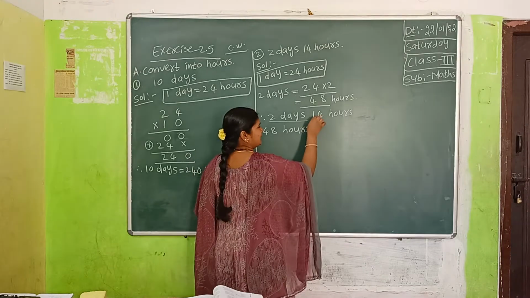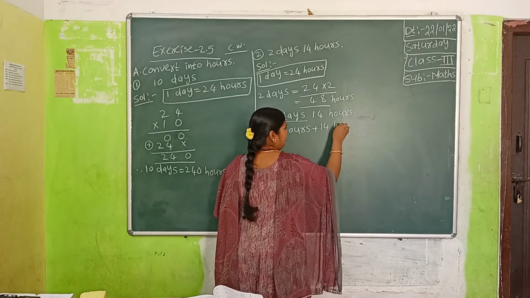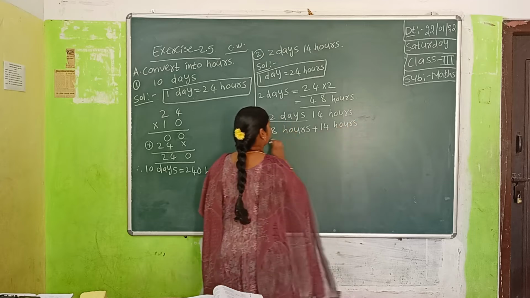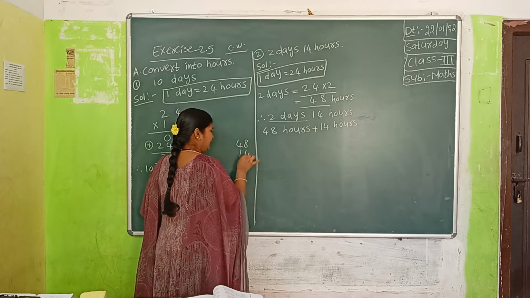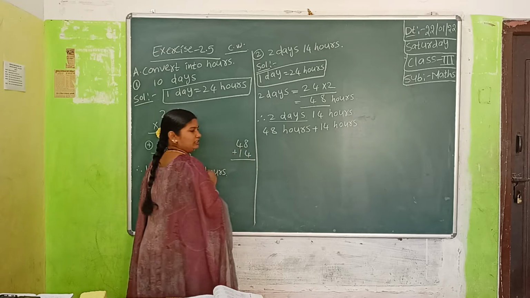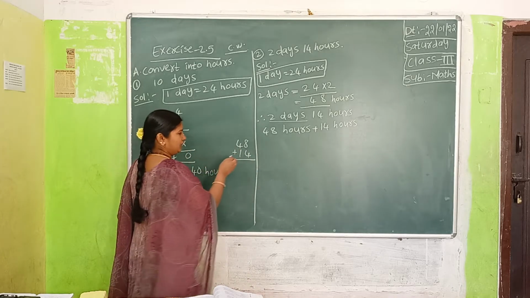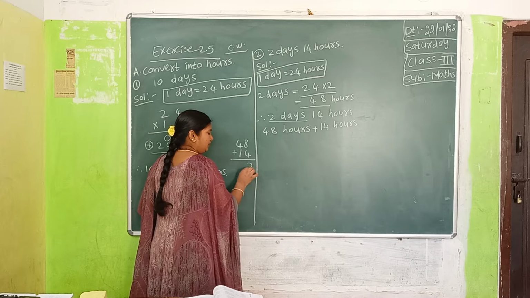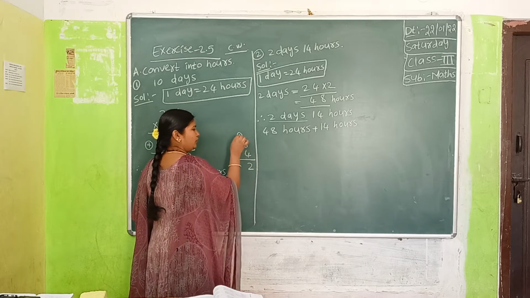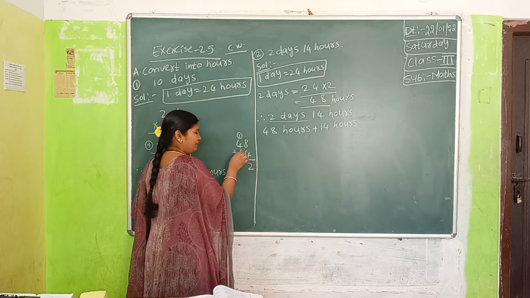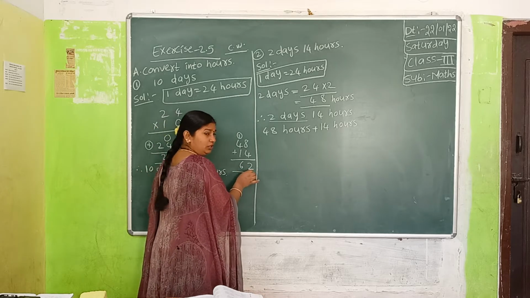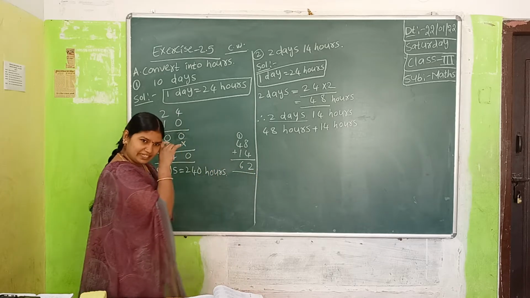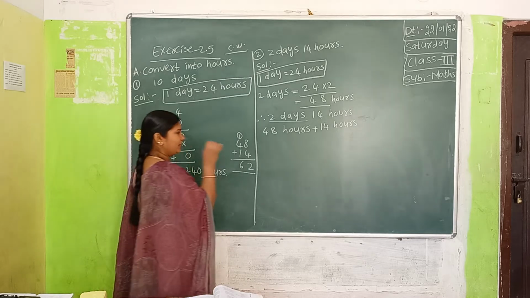Now place 14 hours and add these two numbers. 48 plus 14. 8 plus 4? 12. 4 plus 1? 5. 5 plus 1? 6. Here we got 62 hours.